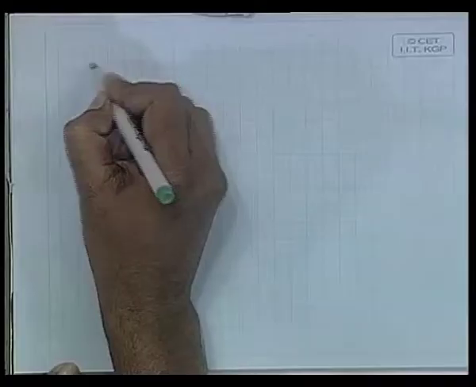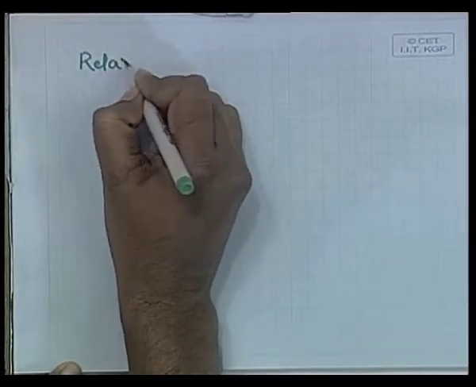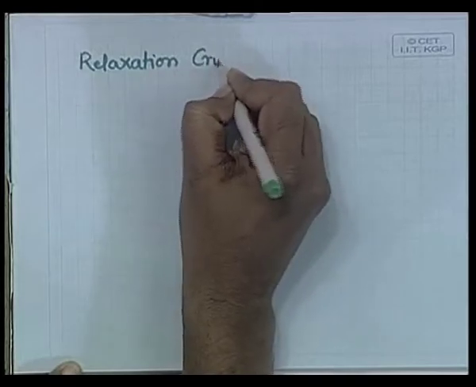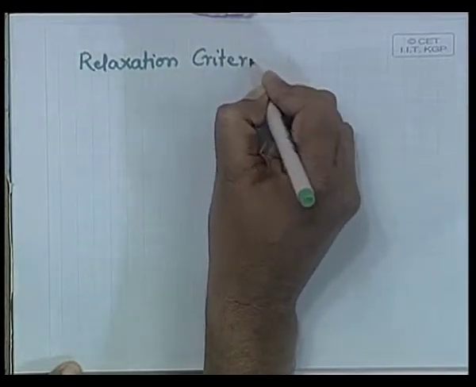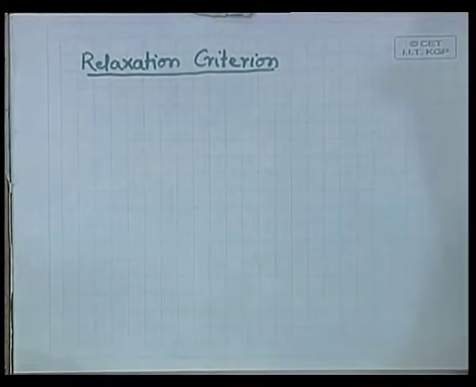Similarly, we have also talked about the relaxation procedure or the relaxation criteria. The problem faced with the perceptron criteria is that we can have a solution vector which is just on the boundary.